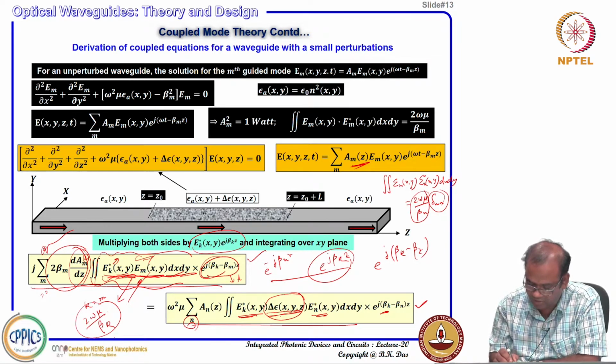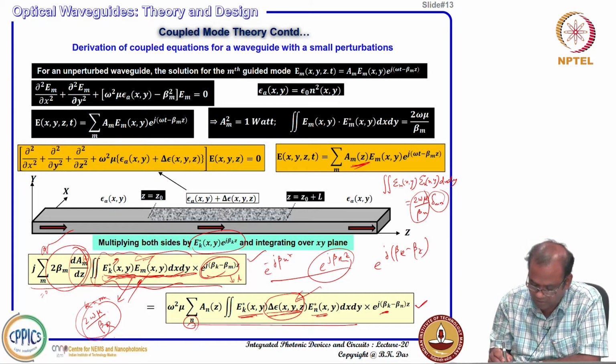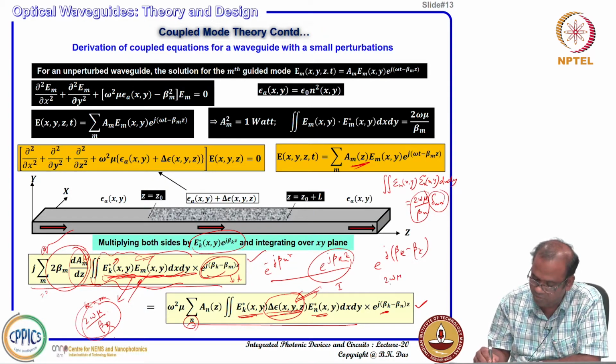Here the orthogonality condition is breaking because of the presence of delta epsilon. So you cannot simply write it like that, whatever value comes you have to use it, running over n. Normally if delta epsilon were 1, it would be 2 omega mu by beta k times delta k n, something like this.